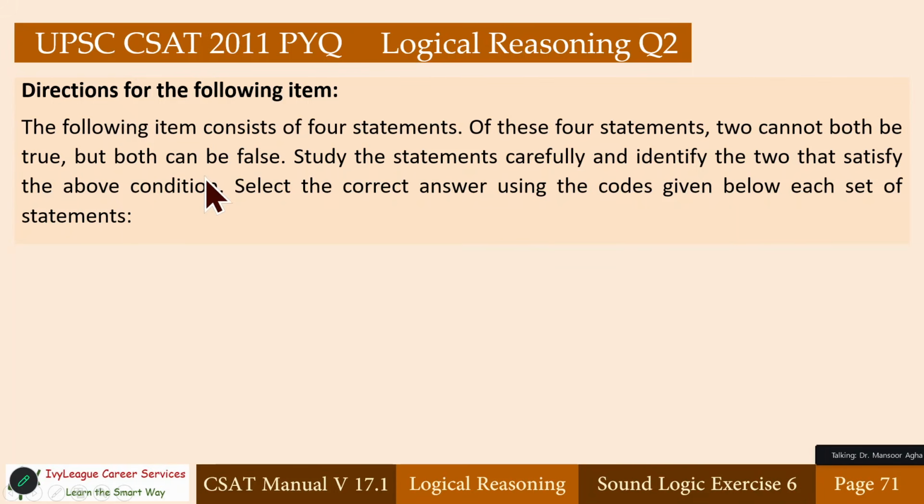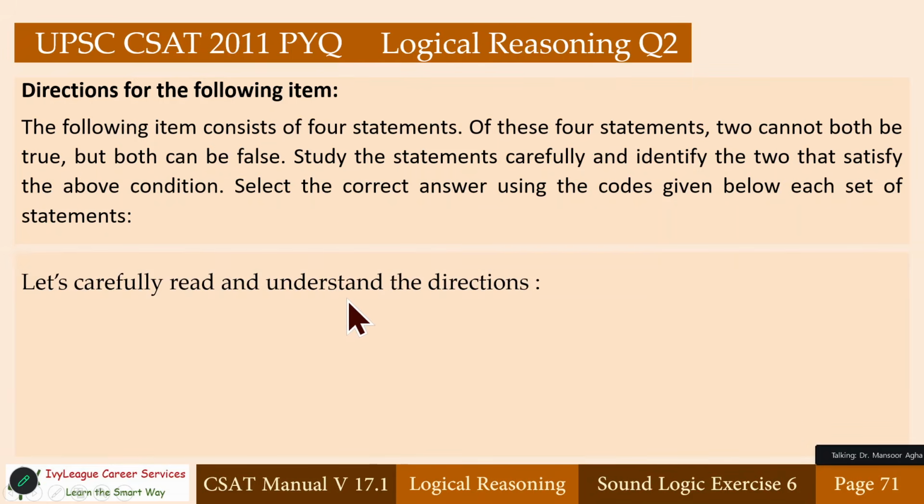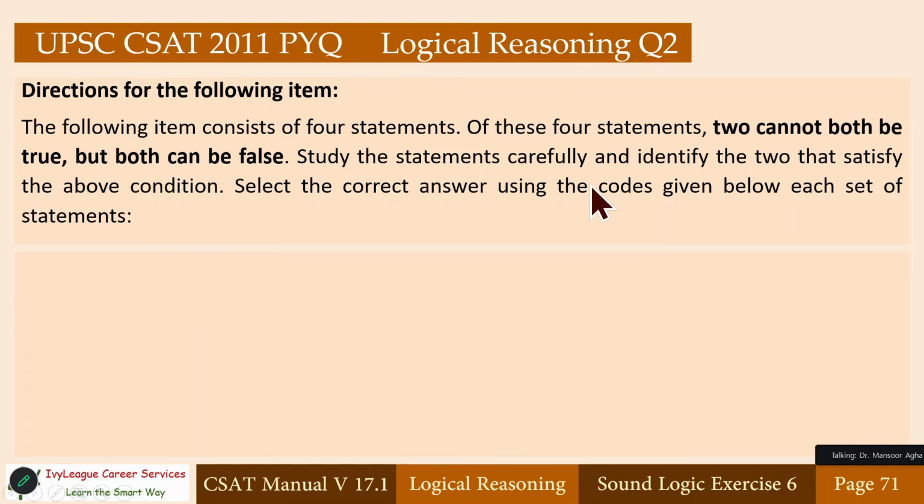So, if I look at the question here, and I go in for reading the directions carefully and understanding them, then this particular question uses the words true and false inside it, which means it is based upon sound logic, the second kind of logic.